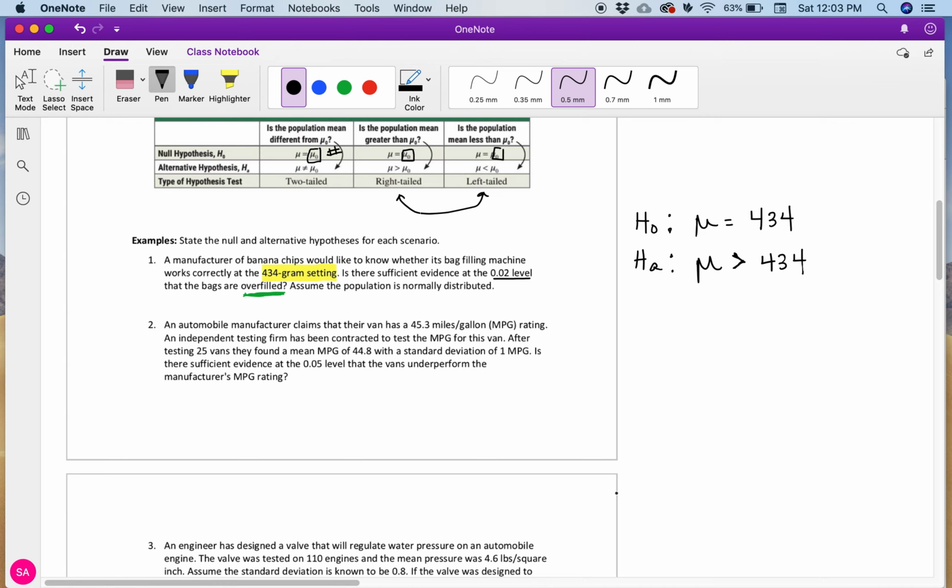Okay, so there's a lot of numbers going on in this problem, and the goal is to pick out the right ones. What are we trying to focus on? We're going to have a null and an alternative.